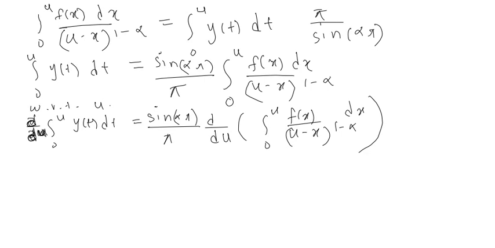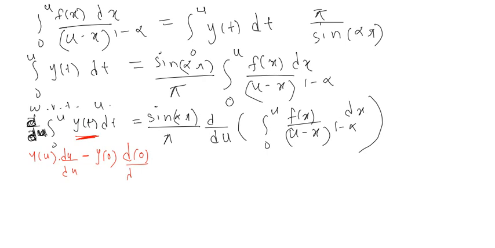Once we take this d by du inside, it becomes the partial derivative, so that will go to 0 because we don't have any function of u inside the integral sign. In the LHS, I am talking about this. The first term will go, then the second term will be evaluating y at u into du by du, minus evaluating y at 0 into differentiating 0 with respect to u.